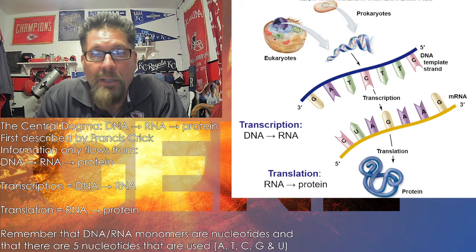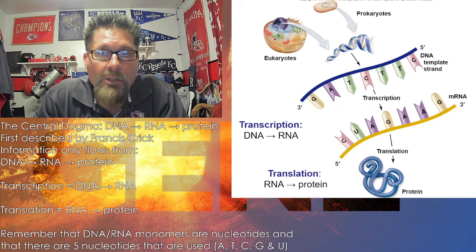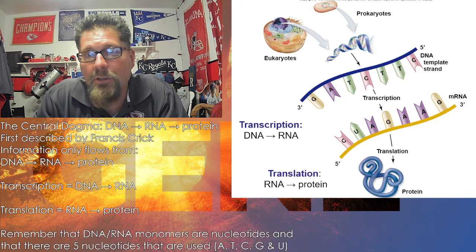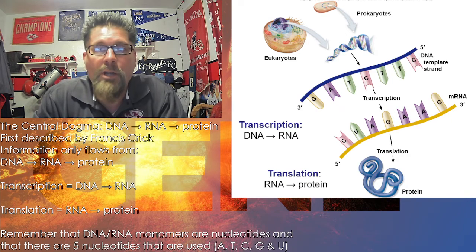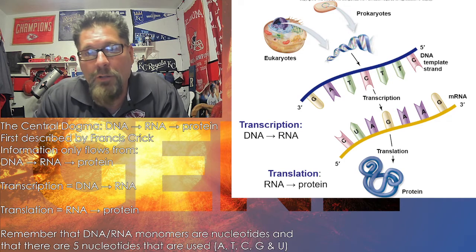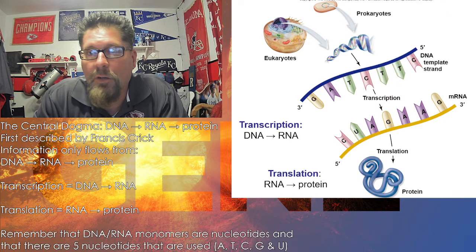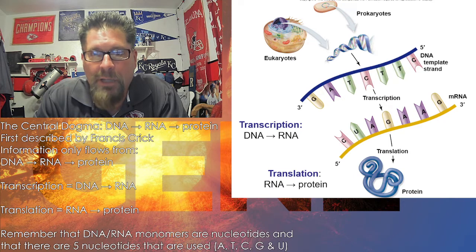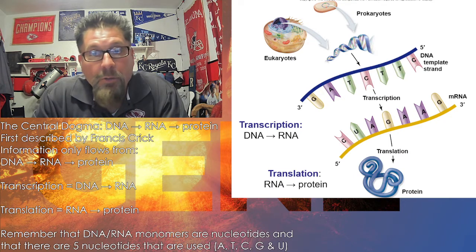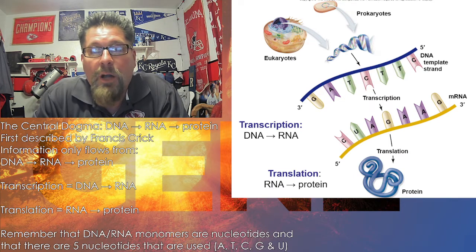Then the second step is translation. Just like if you translate English into Spanish or Spanish into Japanese, you're taking one thing and converting it into something else. The RNA is translated into proteins, and that's going to be the major topic of this lecture series, how that process happens in both eukaryotic cells and prokaryotic cells.